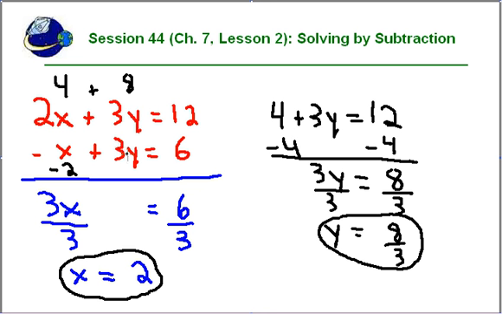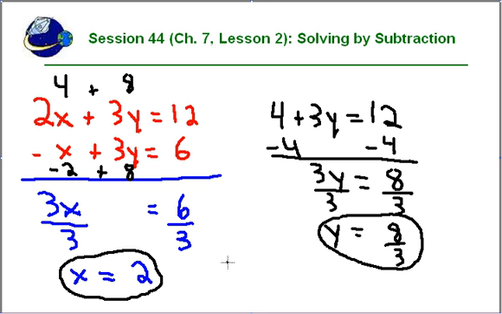What is 3 times 8/3? Well, the 3 in the numerator here cancels with the 3 in the denominator in the 8/3. 3 times 8/3 is simply 8. And there's our plus sign. What is minus 2 plus 8? Minus 2 plus 8 is positive 6.